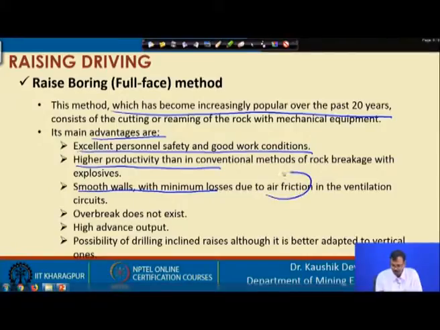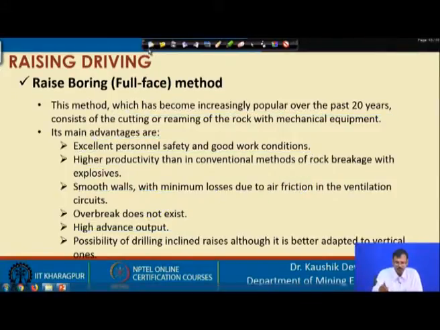This also gives less air friction, that is why ventilation may be better, overbreak does not exist, high advance, that is again the high productivity is achieved. So, these are basically n number of advantages you can achieve by raise boring, and that is why raise boring is becoming very popular nowadays.